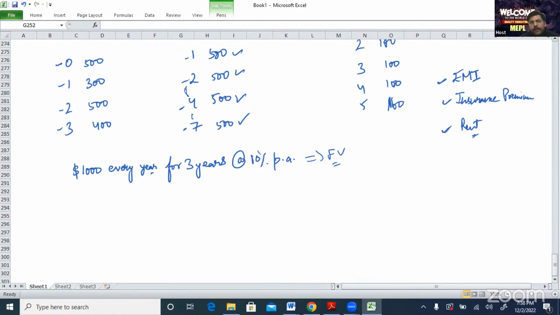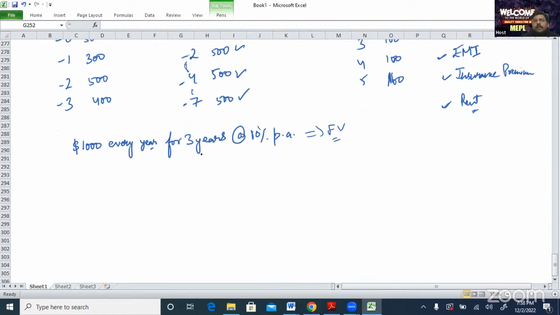Now, when we talk about annuity, broadly we can say there are 2 types of annuity, although there are other annuities also. One is ordinary annuity and the other one is annuity due.